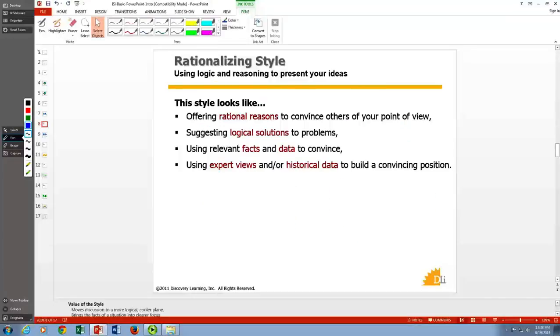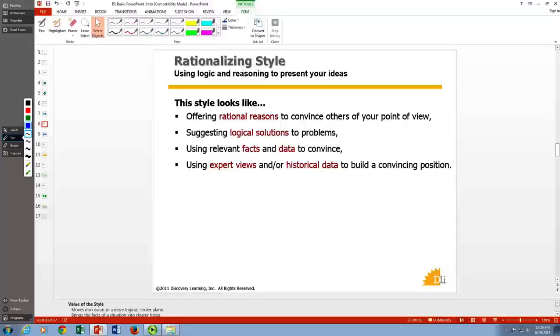In the rationalizing style, we rely on reason, and reason is critical to our ability to influence. Constantly drawing on facts or logic to support your argument, using expert views or historical data, those are all elements that we do in order to create the influence we seek using this particular style.